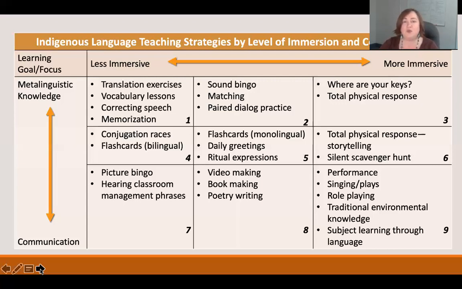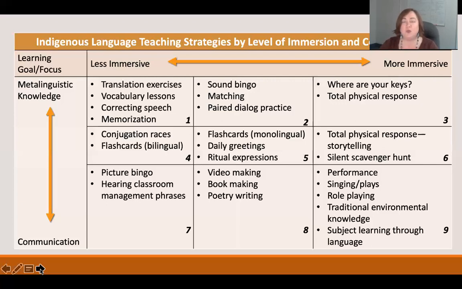But as we move into boxes 2 and 3, we're getting much more immersive. We're still focusing on being able to notice different forms in the language. That might be vocabulary, that might be verb endings, it might be different morphemes or bits of meaning within a word. But we're still looking at how does the language work rather than how can I use the language.